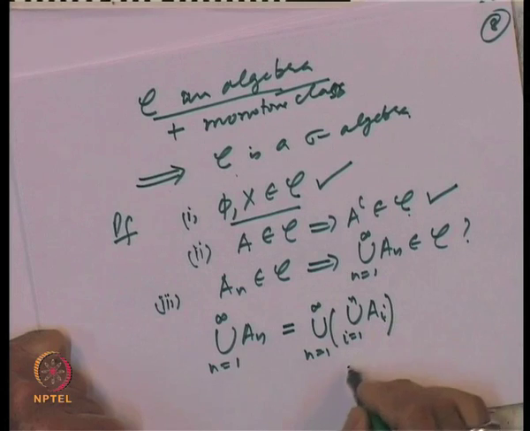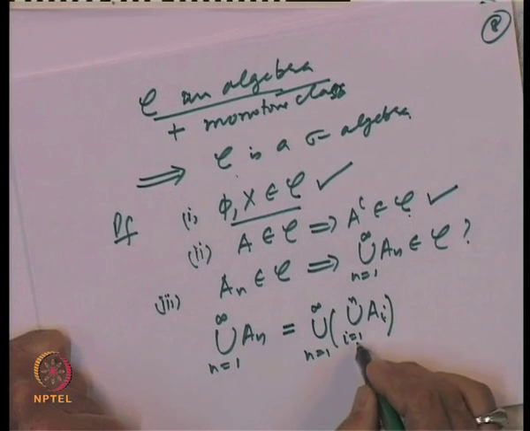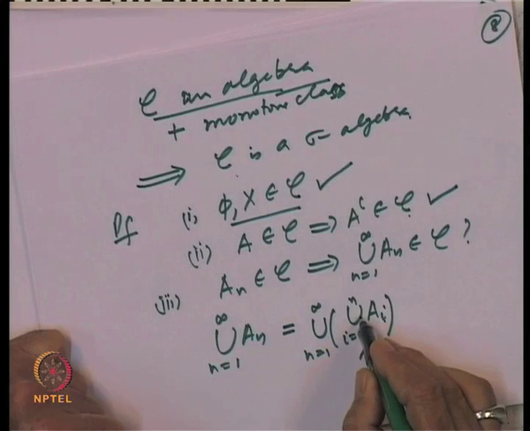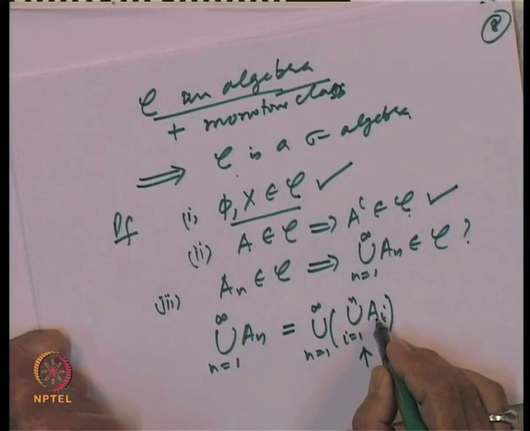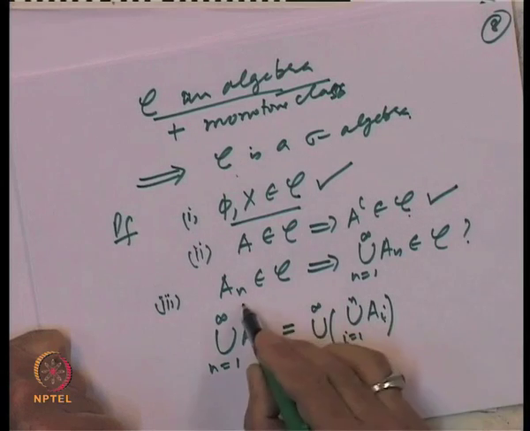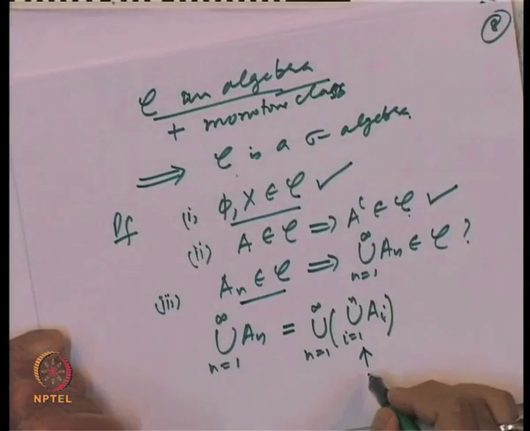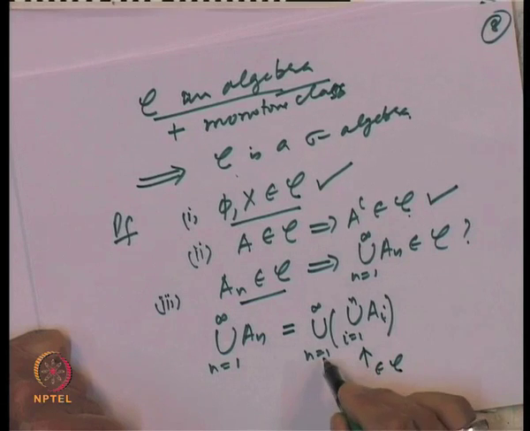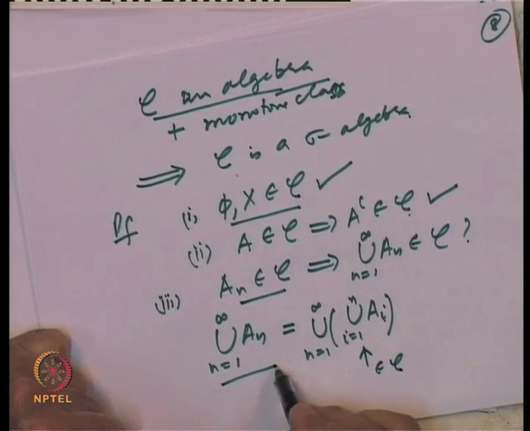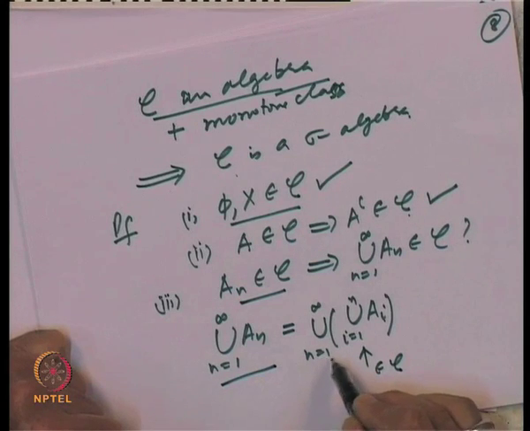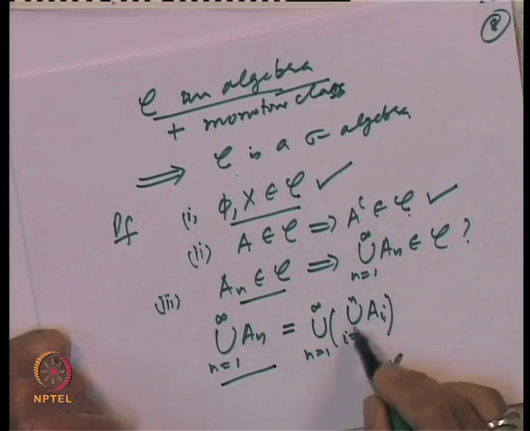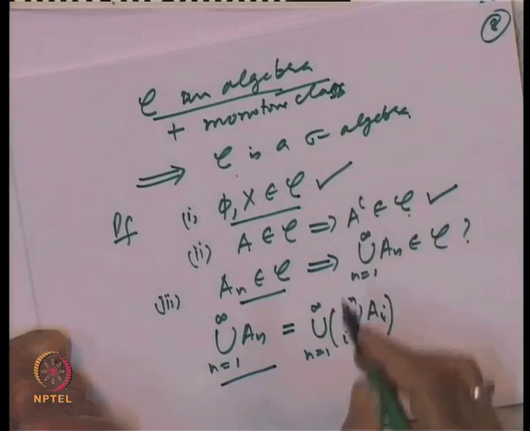And now, observe that each one of these sets, union of A i, i equal to 1 to n, is a finite union of elements in the algebra. A n's belong to C, and that is an algebra. So, that means each one of them belongs to C. So, we have written the union of A n's as a union of sets in C, and this is an increasing sequence, and C is a monotone class.